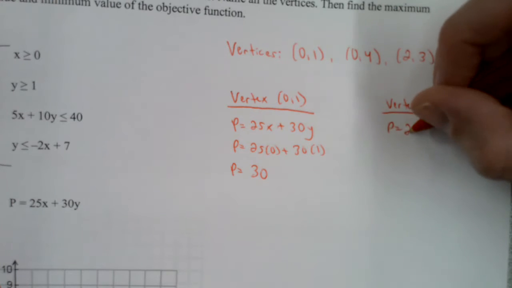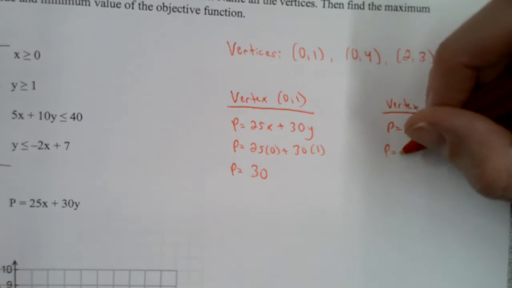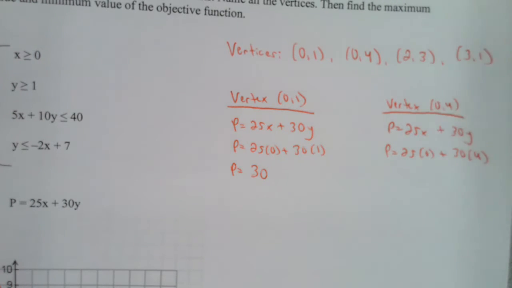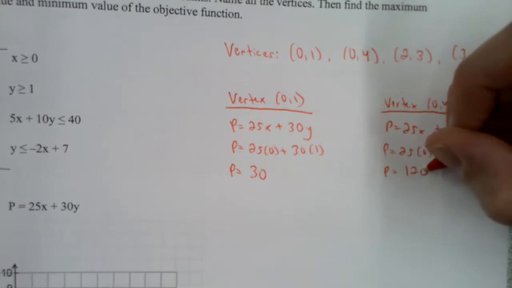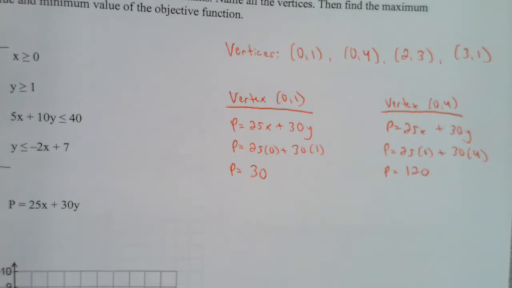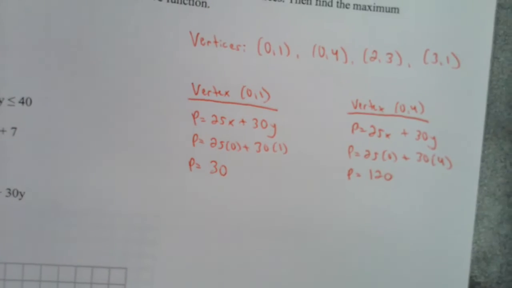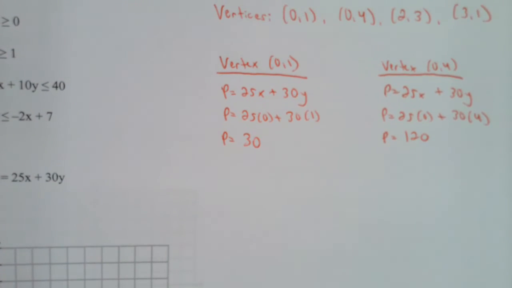P equals 25x plus 30y. 25 times 0 plus 30 times 4 gives you 120. Next, let's do vertex 2, 3.